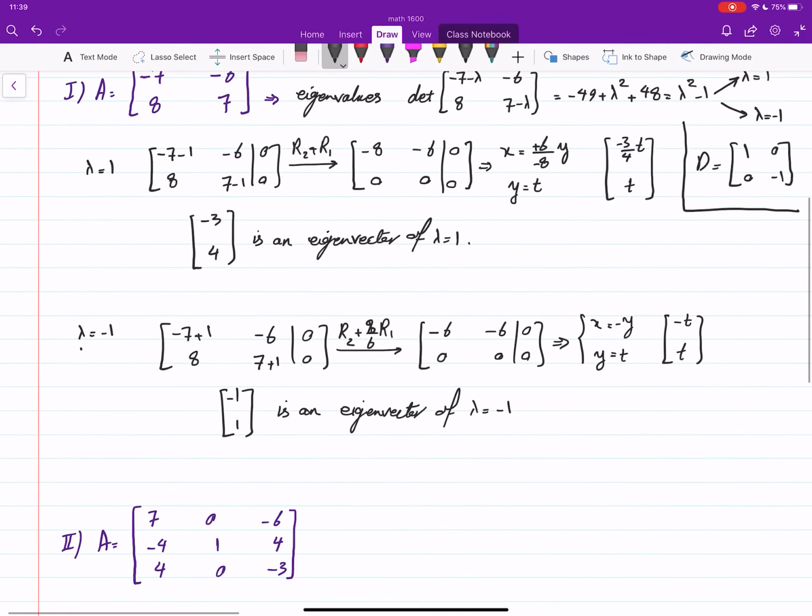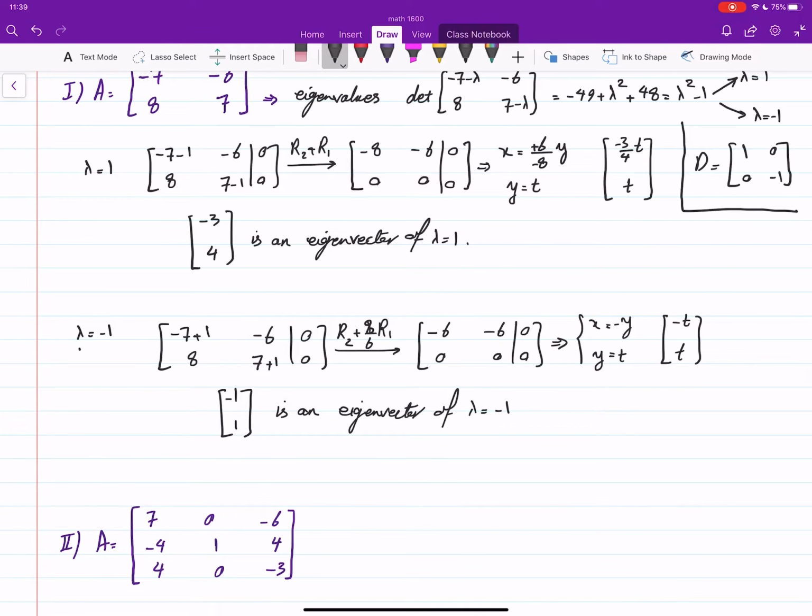Okay, now that we have both of these, it is easy to check that these two vectors, which are both eigenvectors of this matrix, are linearly independent. There's a good fact on this: these are eigenvectors of distinct eigenvalues, so they will be linearly independent.